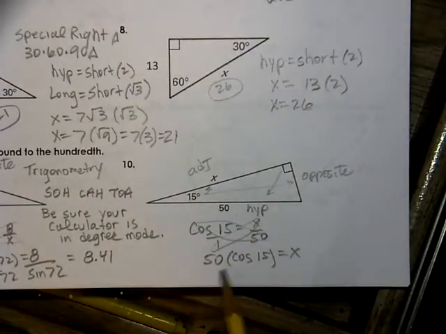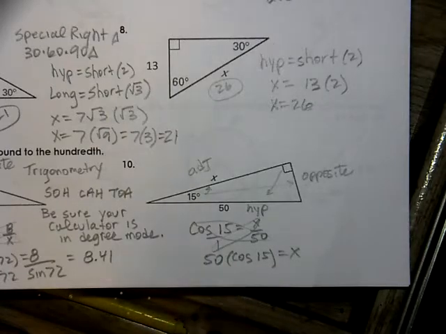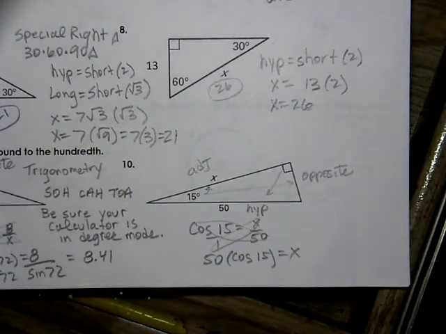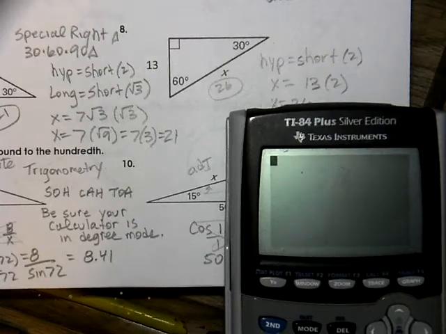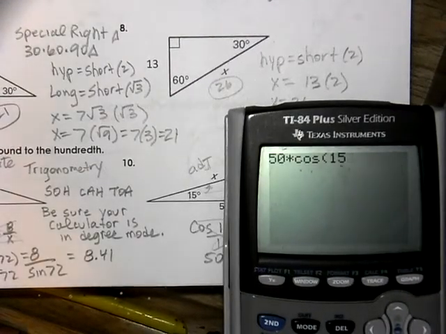Now notice that there's no need to divide away any numbers here. That's why you want to show your work. You want to do your cross multiplying and then see what happens. So 50 times the cosine of 15.